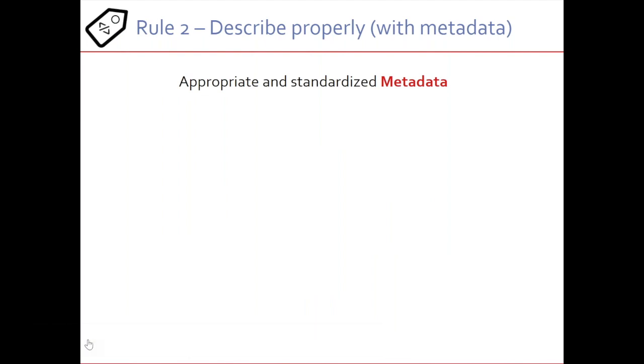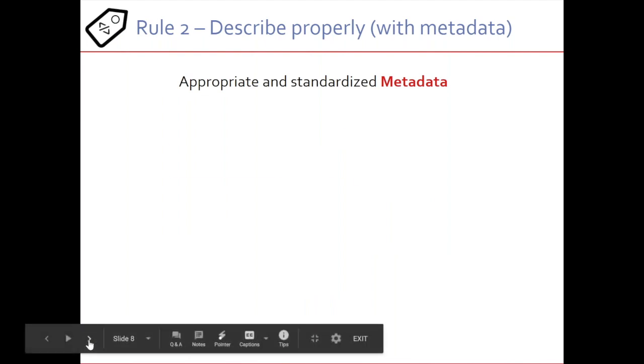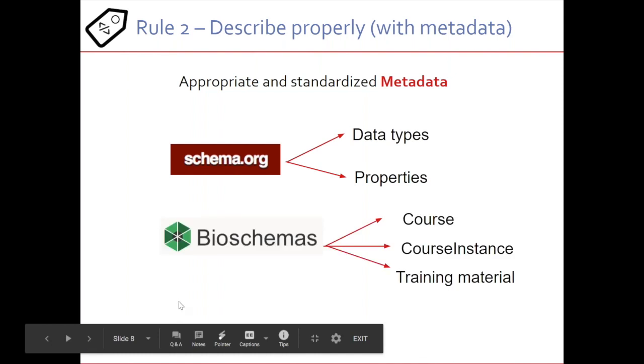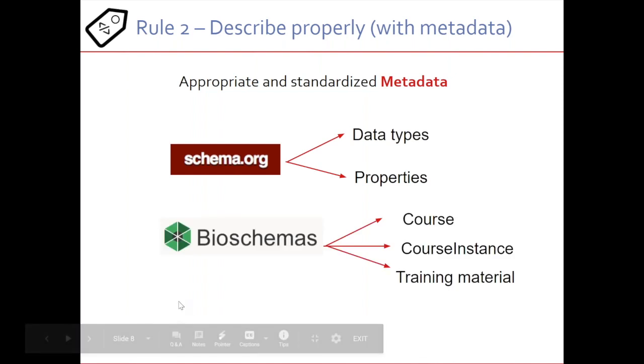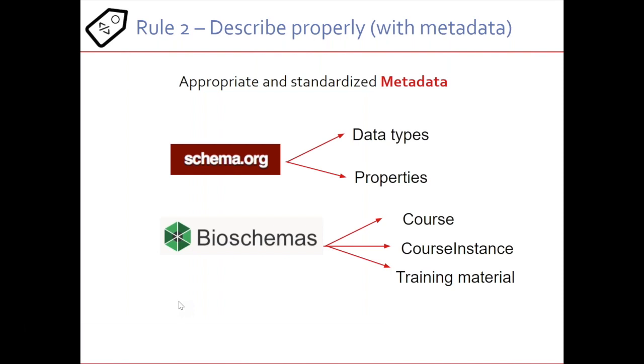The second rule is about describing your training materials. The way that you describe your training materials is with metadata. So what is metadata? Metadata is a way to talk about a thing. The training materials are the thing. For instance, what is the title? That is metadata.